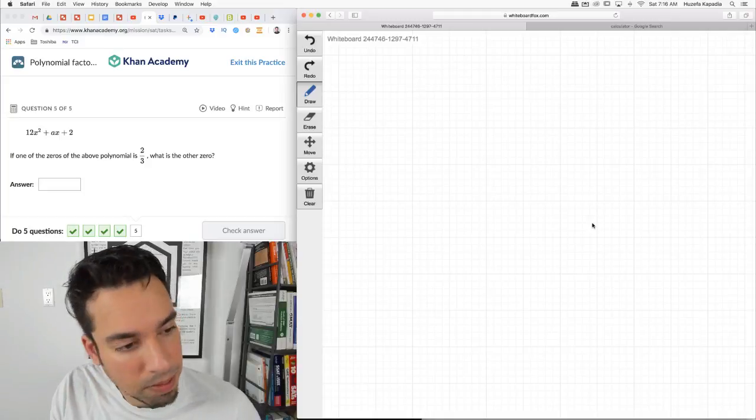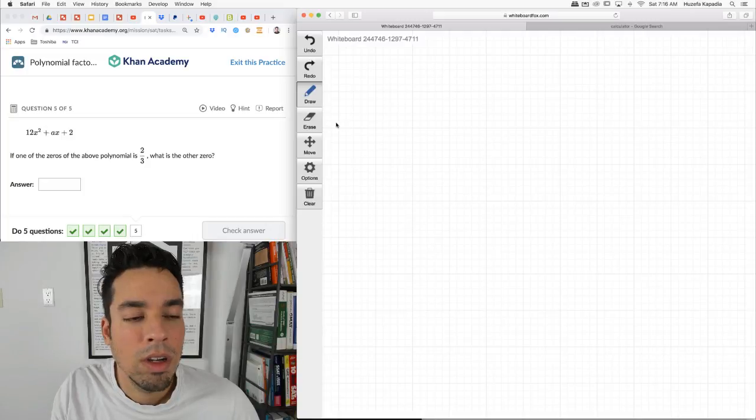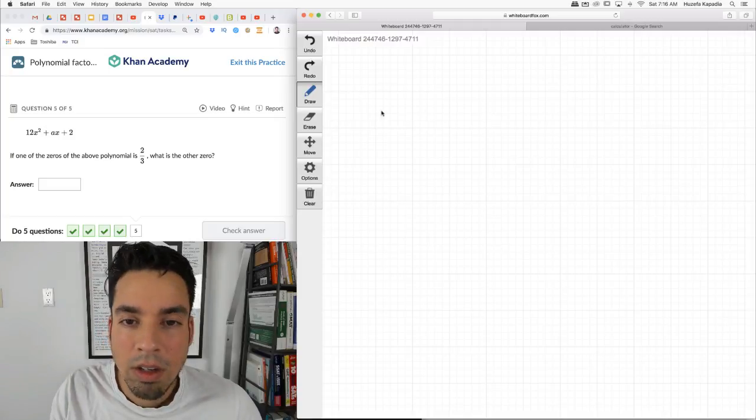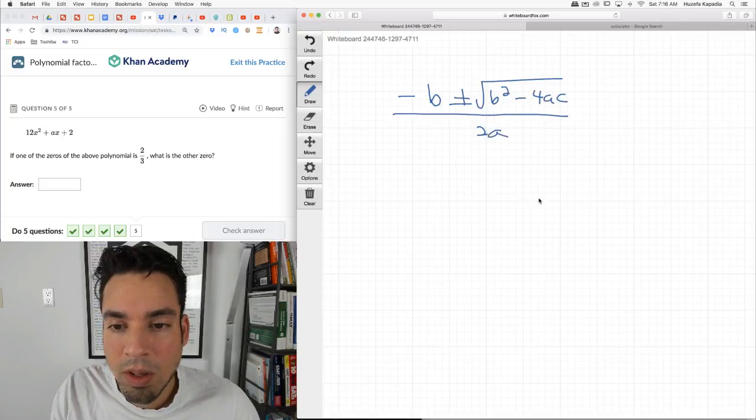Last question. 12x squared plus ax plus 2. If one of the zeros of the above polynomial is 2/3, what is the other zero? Okay. I think the best way to do this is using the quadratic formula. Yes. Okay, quadratic formula: negative b plus or minus square root of b squared minus 4ac over 2a.